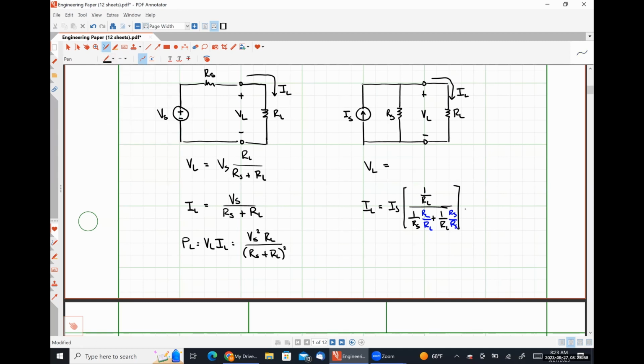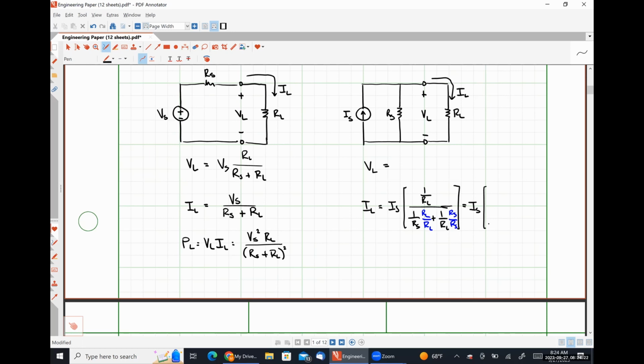And so what that's going to give me is IS times 1 over RL divided by RS plus RL divided by RS times RL.